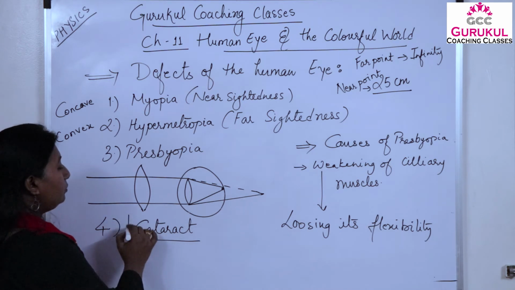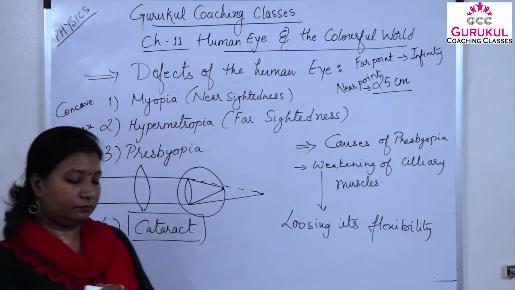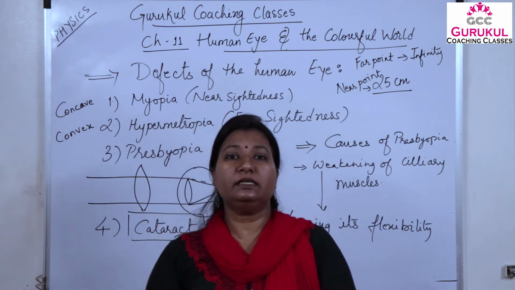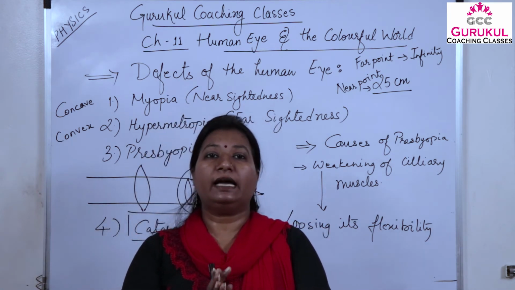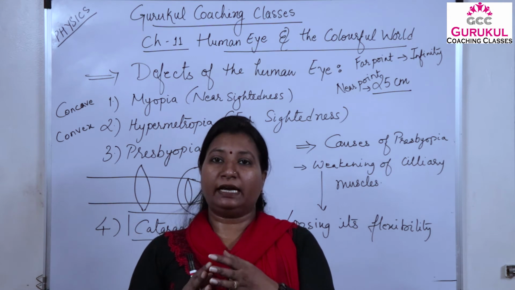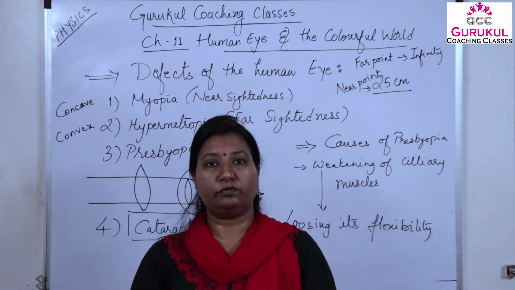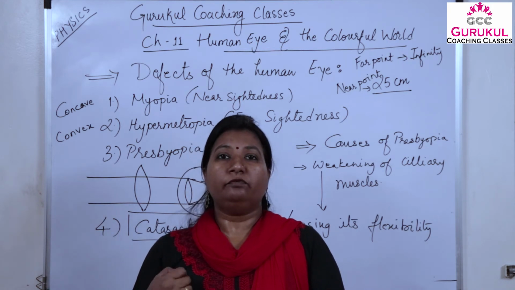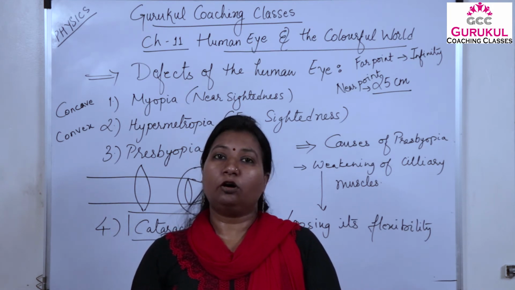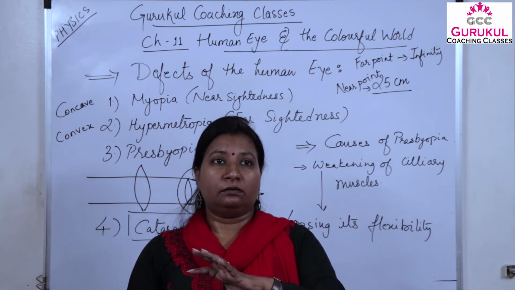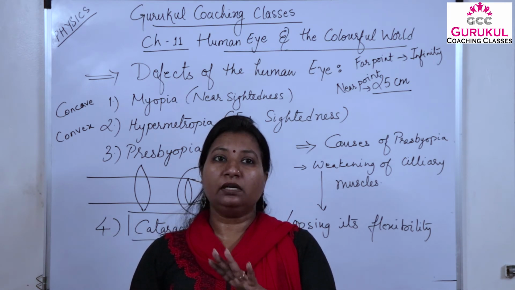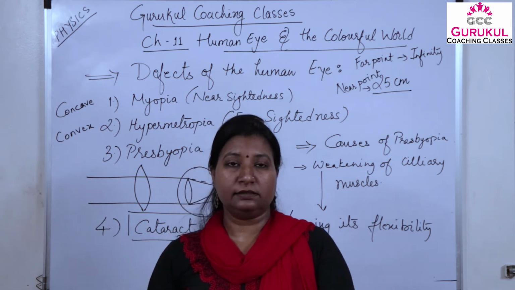The main cause is that a white layer is formed on the eye lens because of the deposition of mucus. So we can't see the objects clearly, meaning a cloudy appearance forms on the eye lens.